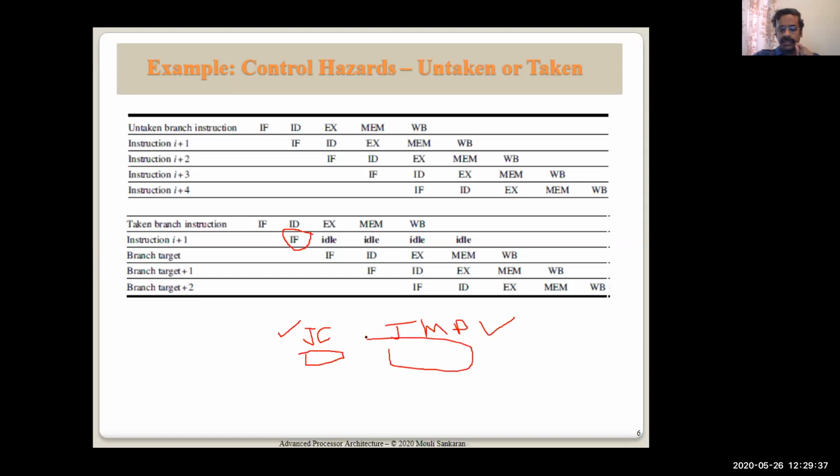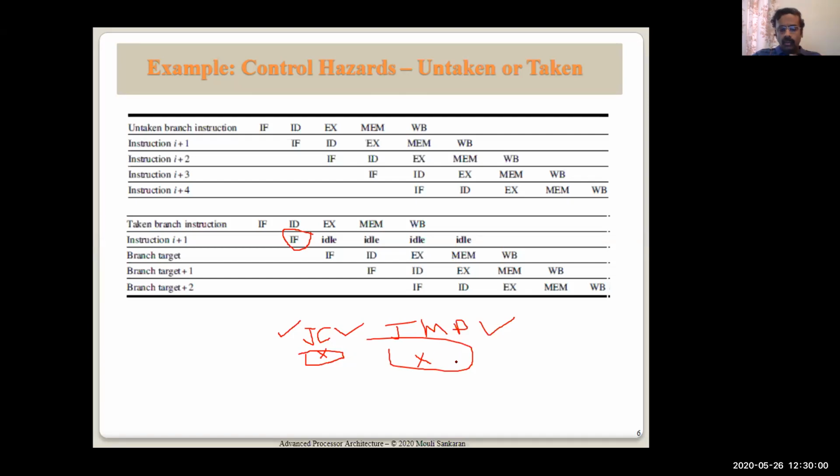Because of this decision that it is going to move to a new address, we are accessing this instruction which is in the slot next to the jump instruction, and we are flushing it, making it invalid.